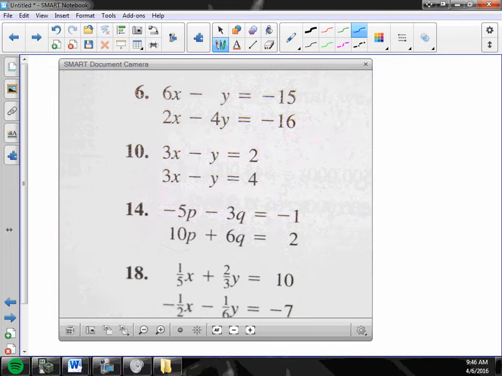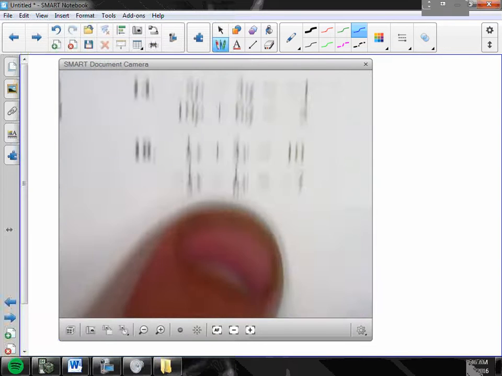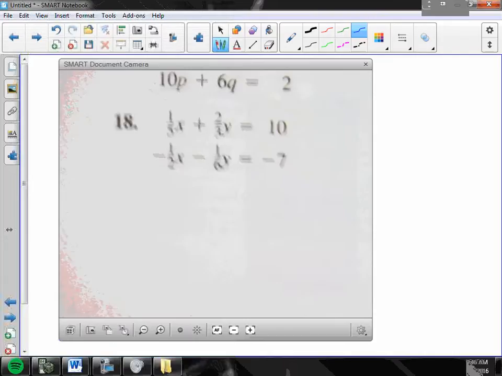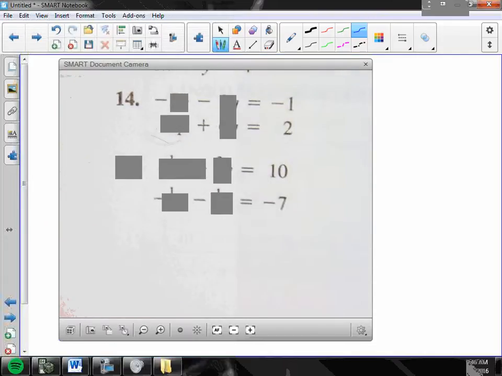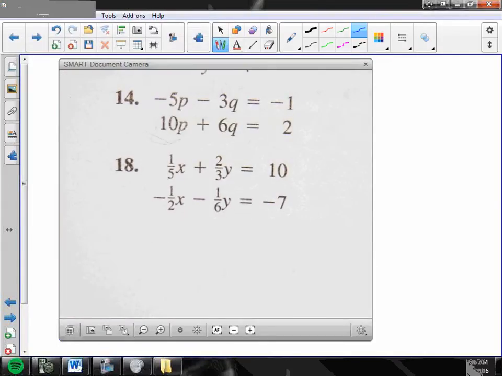Let's do 14. What variable do you want to solve for in 14? Pick your poison, right? Which fractions do you like better? One with 10 on the bottom? Sounds good to me.